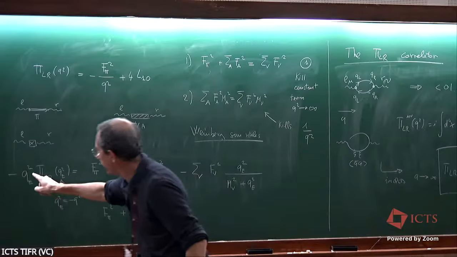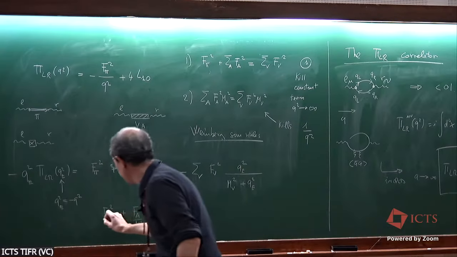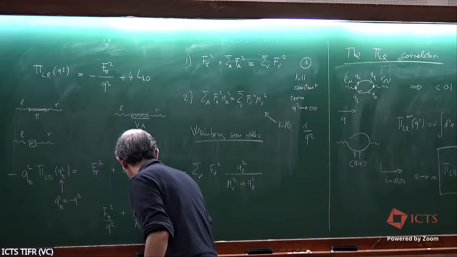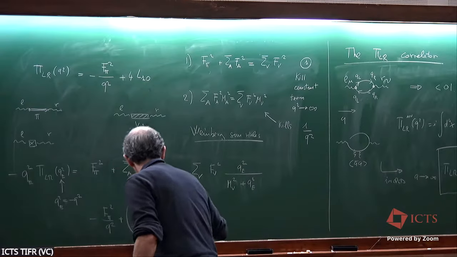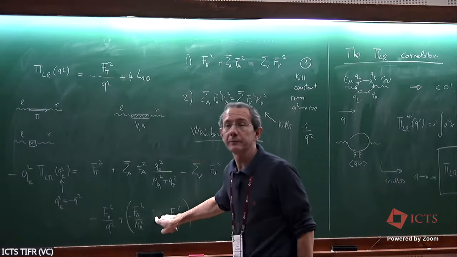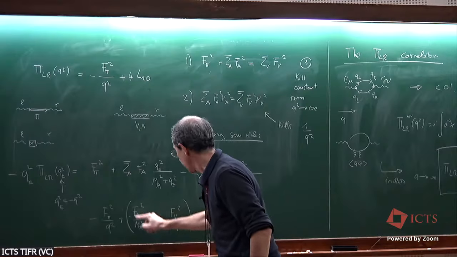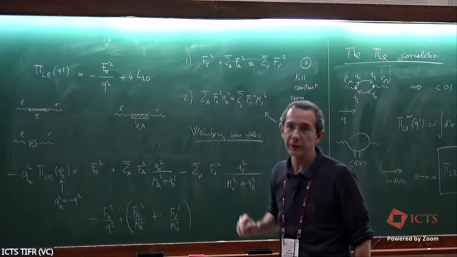Now, okay, I did these things here. So if I want to match with that, I have to divide by q squared. I also have to put the minus sign. So this is L10. That's exactly L10.